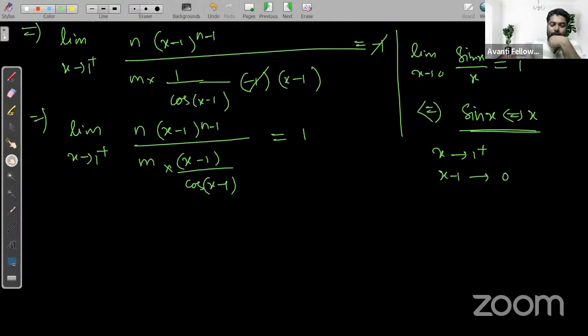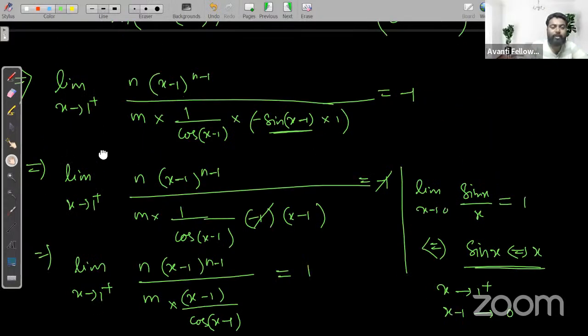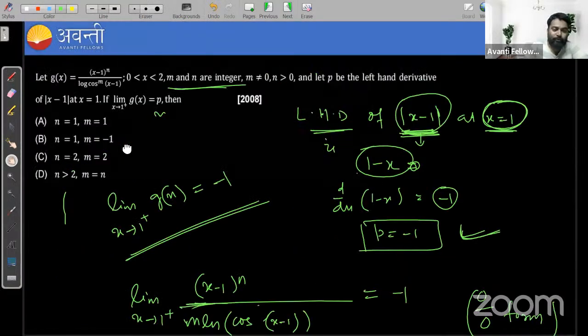Now let's check. Option wise check करो ना. So in the given option, it is given that when n is equal to 1, m is equal to 1.